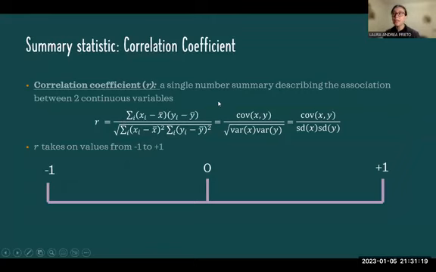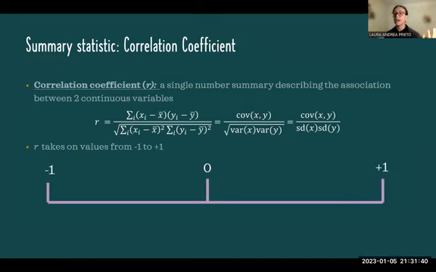So I mentioned briefly the correlation coefficient. No worries, we're not going to be calculating any R here, but I do want to just mention what it is. So the correlation coefficient is the ratio between the covariance of the variables divided by the standard deviation of the variables.